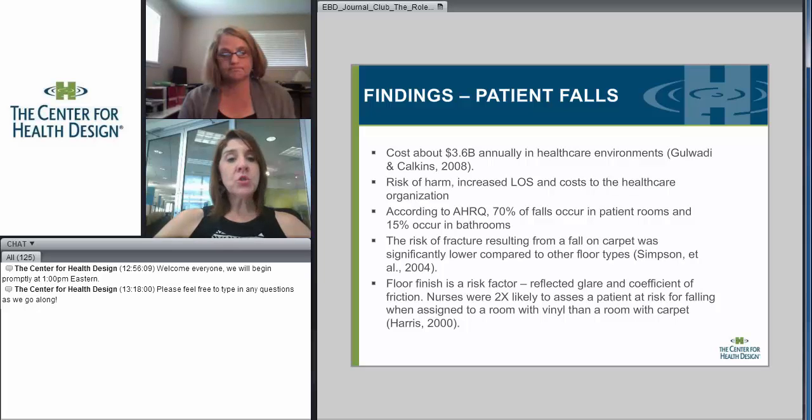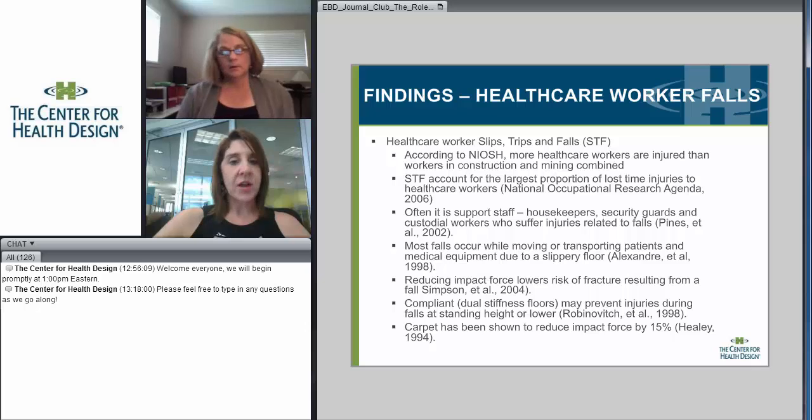Now, usually when we think of falls in a hospital, we almost immediately think of patient falls. Yet, you also looked and found some research around healthcare worker falls. Right. Well, it's interesting because when you look at the NIOSH data, more healthcare workers are injured than workers in construction and mining combined.